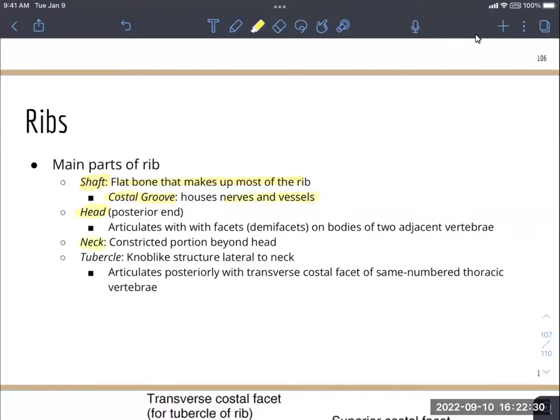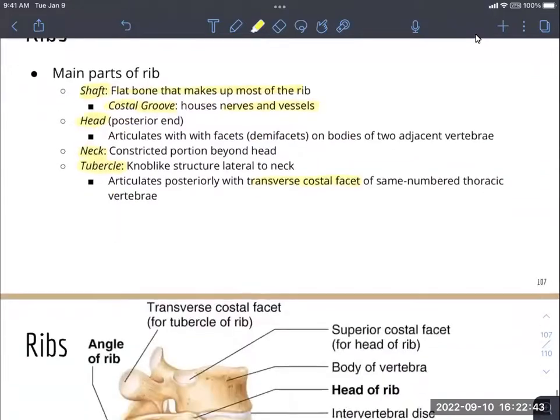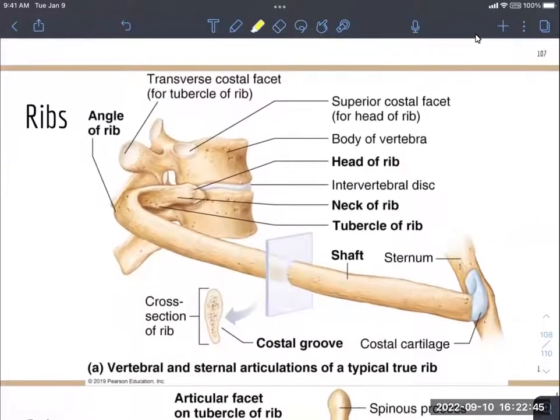The neck is just past the head. And then we have a tubercle, which articulates with the transverse costal facet on the transverse process of the thoracic vertebrae. So here's how it looks.